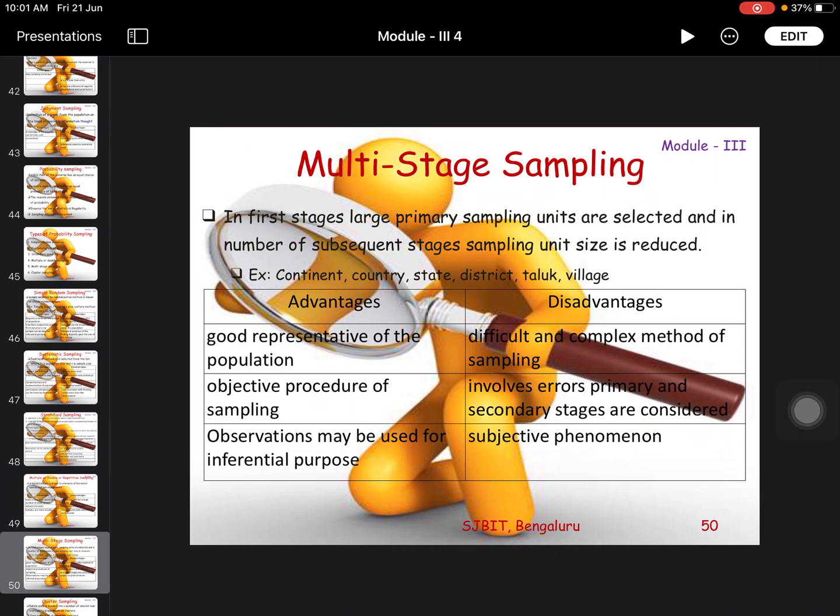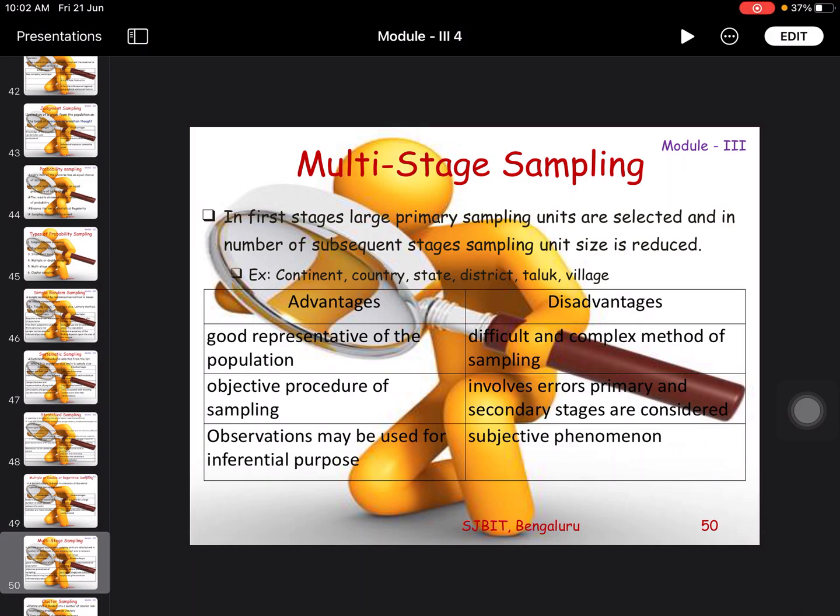Multi-stage sampling is where, at subsequent levels, the sample is considered for the process of research, like from the smallest area to a taluk, from taluk to district, to state, to country, to continent.